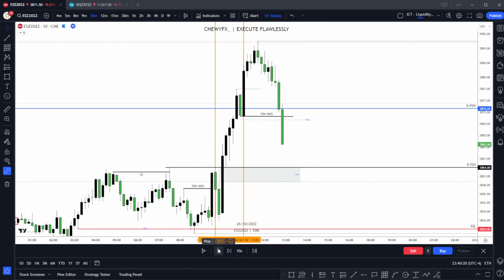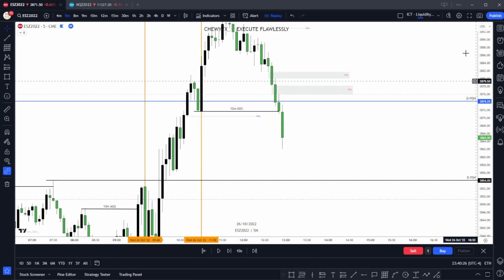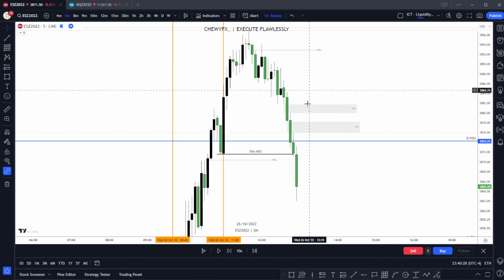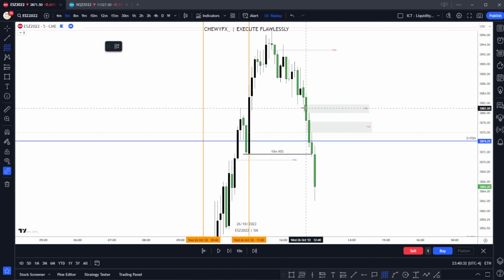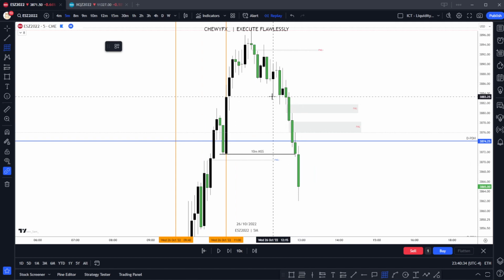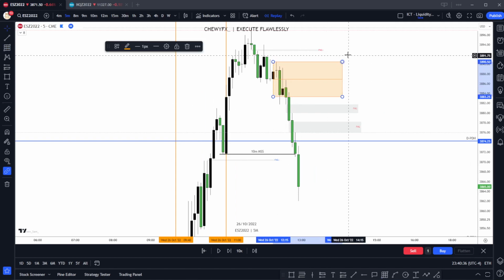Okay, we have our break of structure here. However, this is valid for an EM2 as of now, so we can use this whole area here.